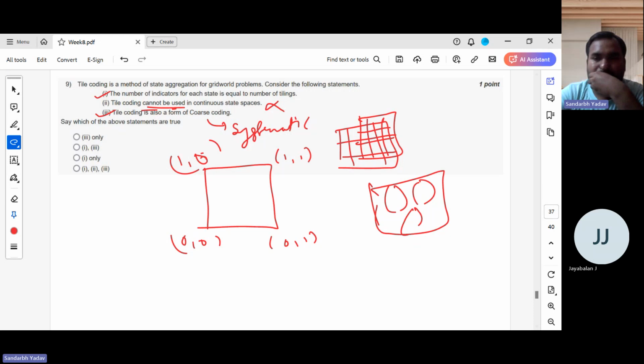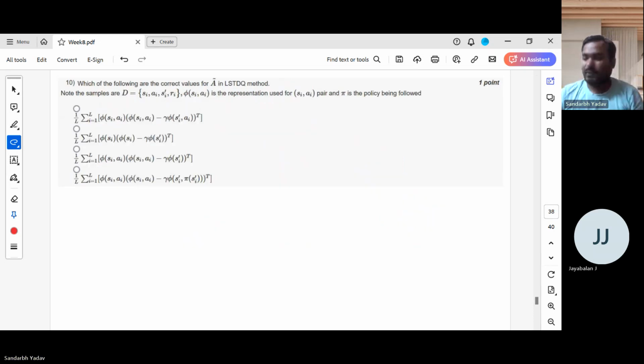Now I'll move to the last question. The last question says, which of the following are correct values of this matrix in the LSTDQ method? Remember this is LSTDQ, not LSTD. Note that these are the samples.